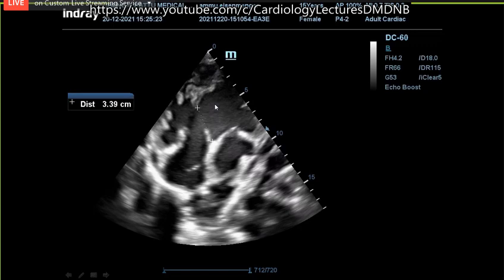So when I have a patient with a VSD, you can calculate the RV systolic pressure by looking at the velocity across the VSD. And if the velocity across the VSD is zero or very low, then obviously RV and LV have the same systolic pressure. So that will be the pressure in this patient, because the VSD is very huge.